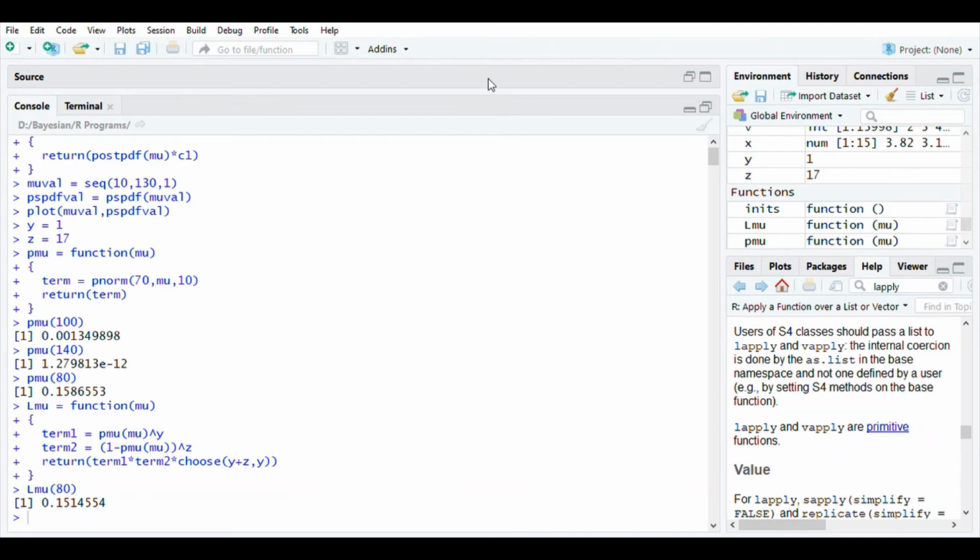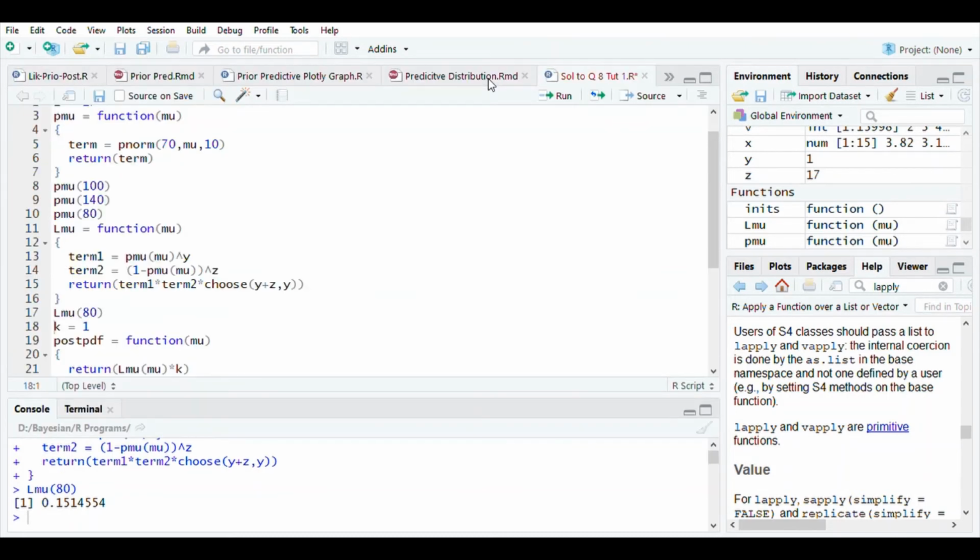It goes close to p(mu) naturally. Okay, now let us see what will be the binomial PMF.